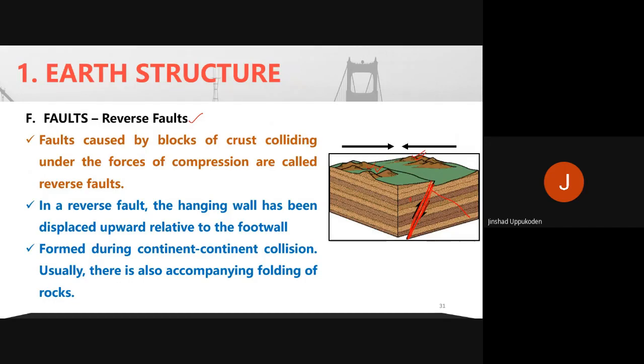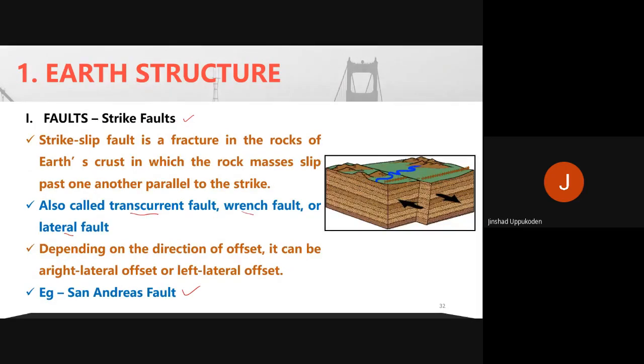The hanging wall and foot wall move relative to one another in the up and down direction. If they are moving sideways, like in a strike fault, we call this strike slip.